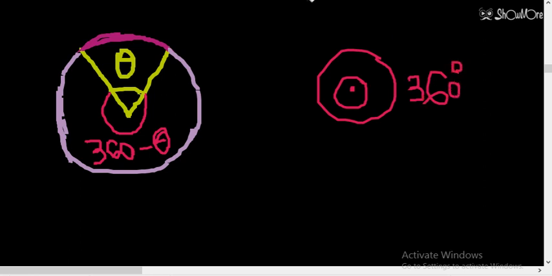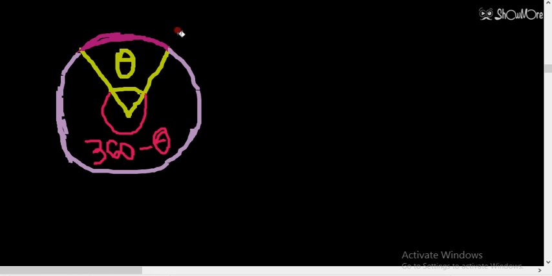So basically you have to study the concept from here. Listen to me carefully. You have to find the area of this sector. So what is the area for 360 degrees, or you can say what is the area for the complete circle?